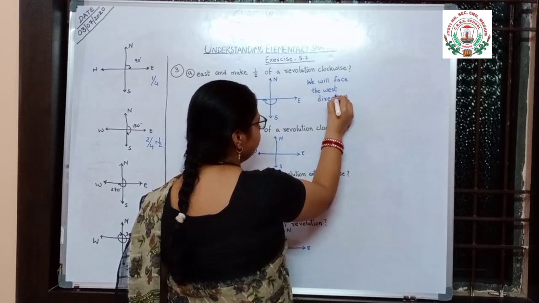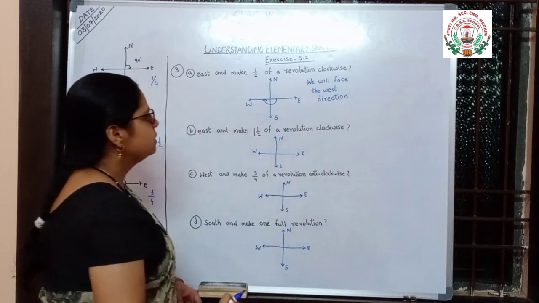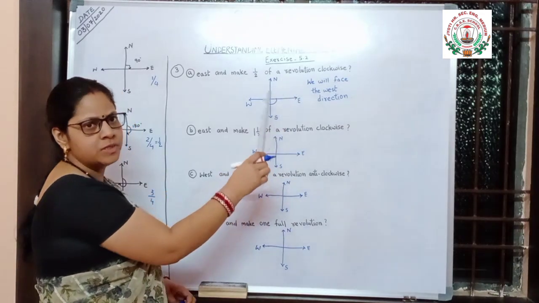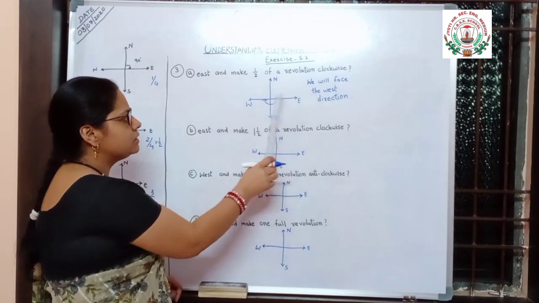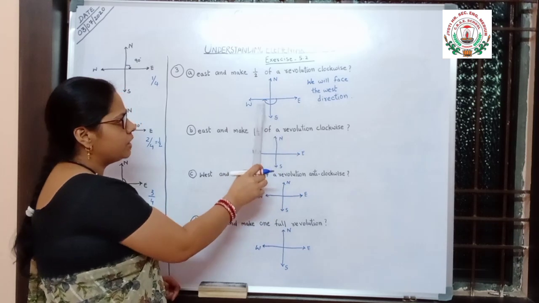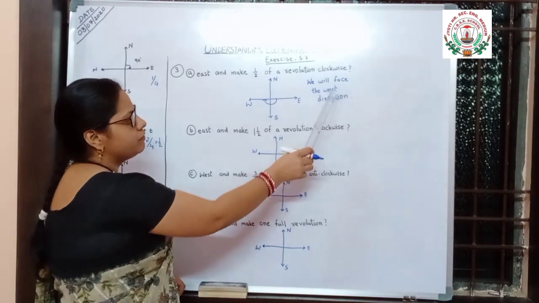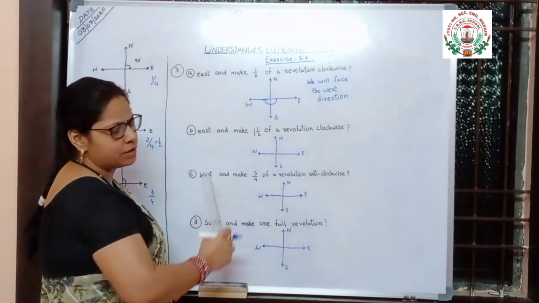We will face the west direction. Starting from the east, making half of the revolution, means half means straight line you should get. Straight line is this. So after making 180 degree angle, you are now facing towards the west. So we will now face the west direction.